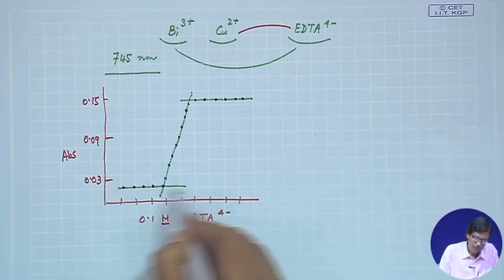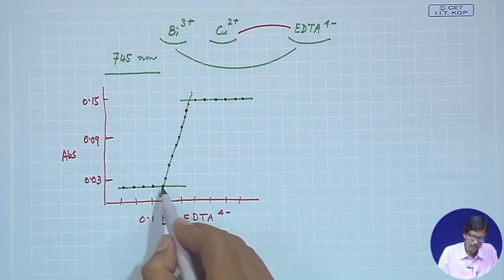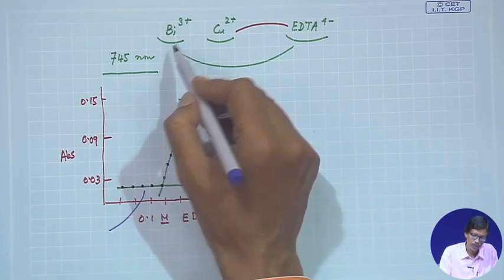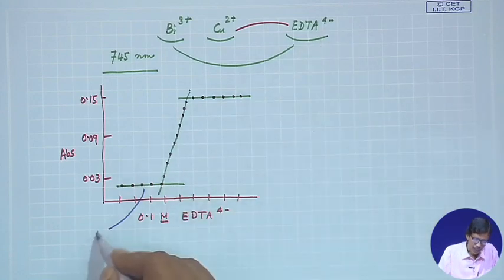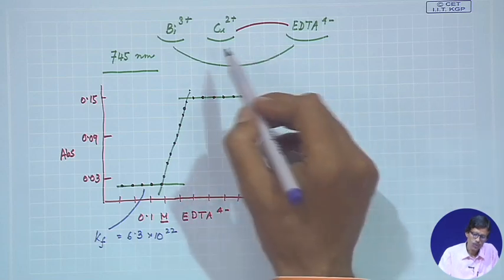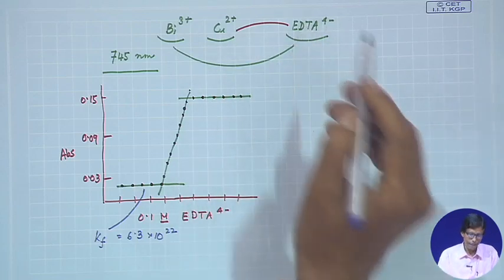In this particular range, 0.1 molar EDTA has been added up to this much volume. In this case your bismuth is complexing with your EDTA with a formation constant value of say 6.3 into 10 to the power 22, which is higher than the corresponding Kf value for copper EDTA.